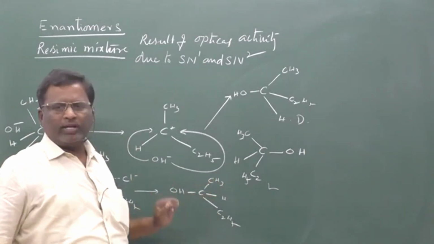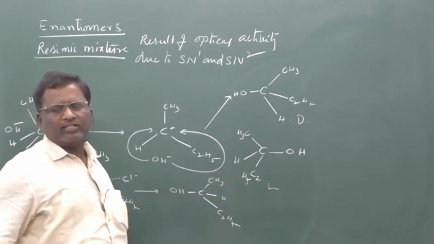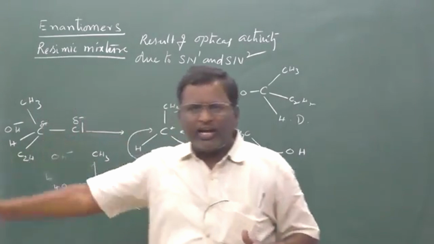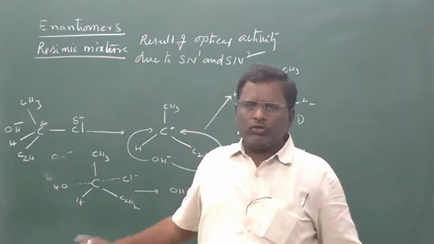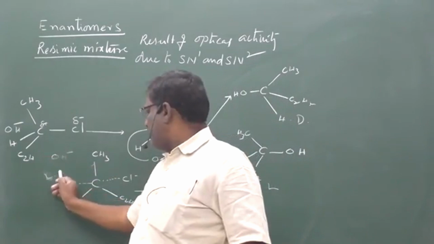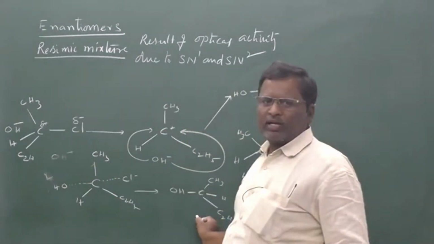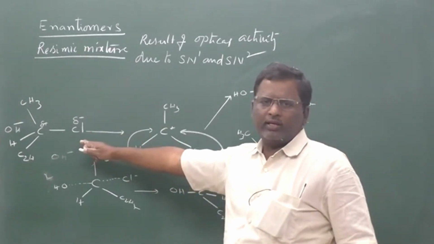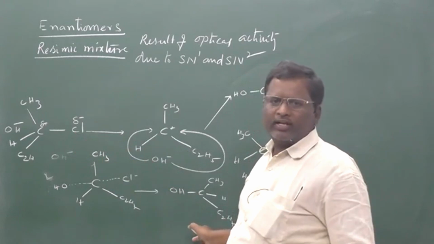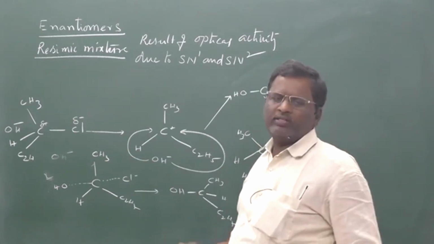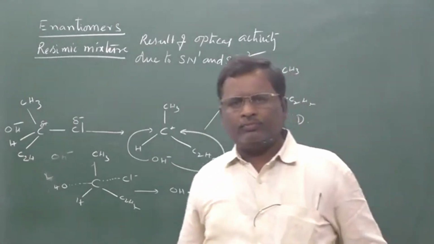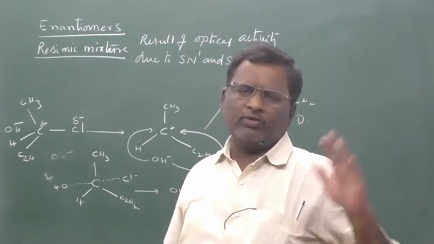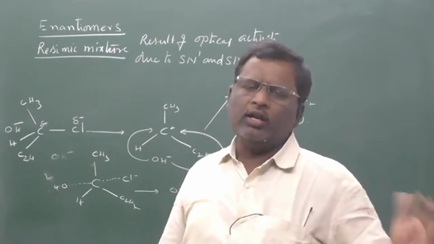Due to SN2 mechanism, inversion of groups will take place because the nucleophile will attack the carbon in the opposite direction of the halide. So if L form takes part in the reaction, the resultant after SN2 mechanism will be D form. If D form takes part in the reaction, we will get L form. That means due to SN2 mechanism, if an optically active compound is levo form, it gives dextro form, or dextro form gives levo form.